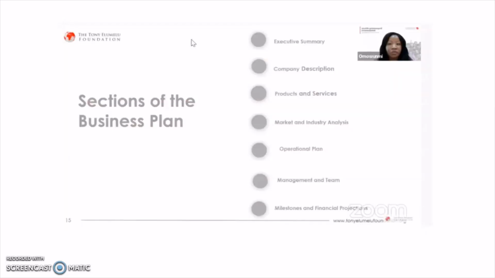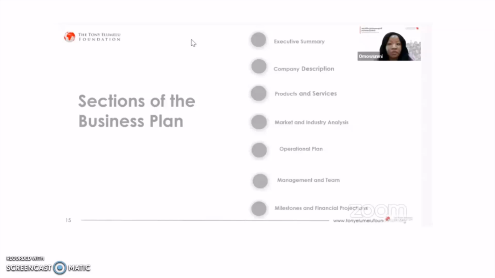So this is the outline, the most important sections of a business plan. You have the executive summary, the company description, the products and services, the market and industry analysis, the operational plan, the management team, and the milestones.